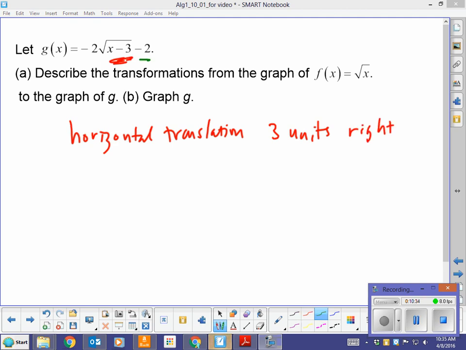We have a vertical translation 2 units down.